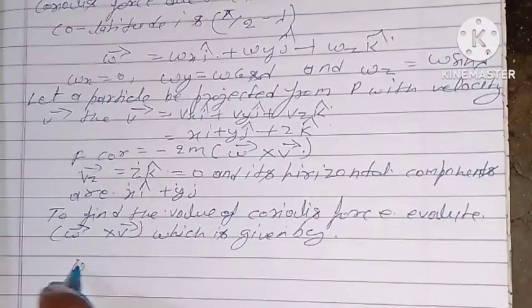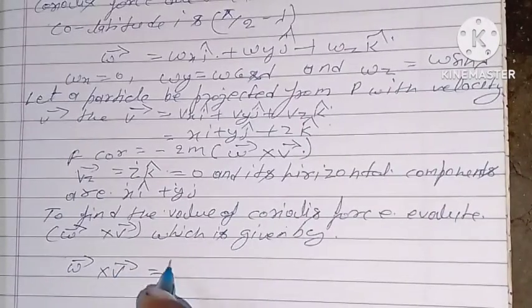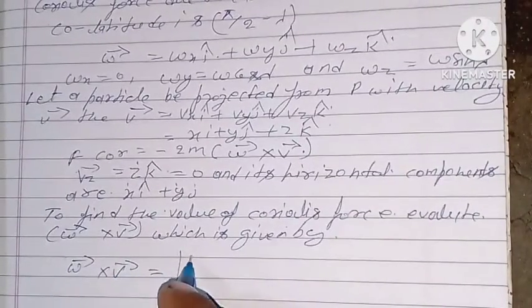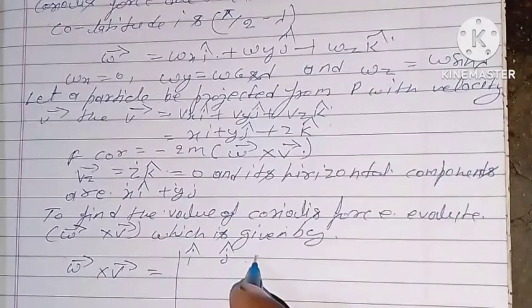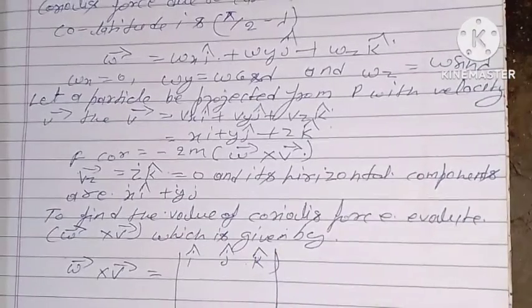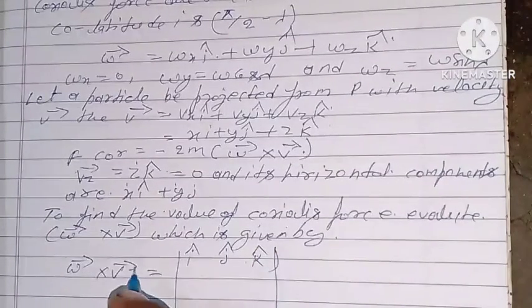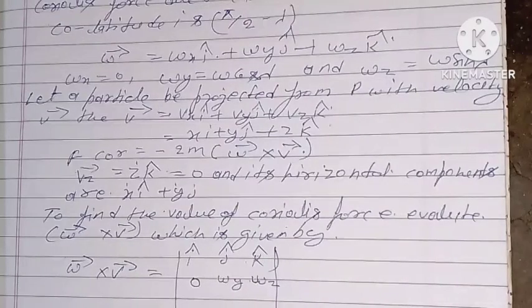Omega vector cross vector v equals the determinant of i, j, k; 0, omega y, omega z; and x dot, y dot, 0.